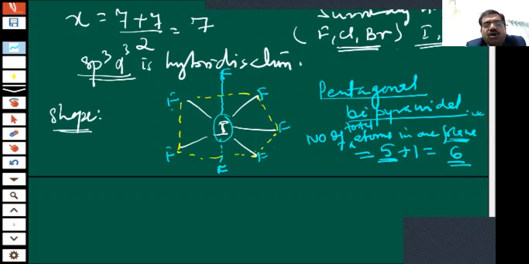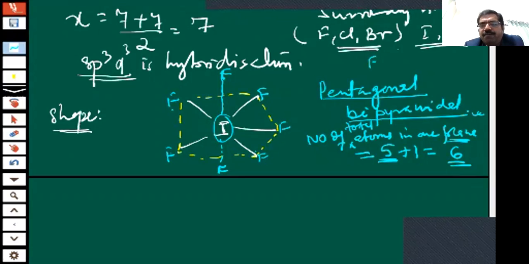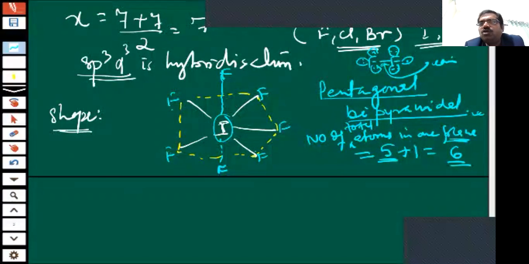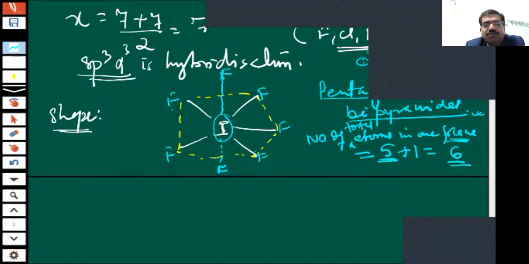Remember in fluorine, the bond was short, but due to electronic repulsion the bond was broken easily. So repulsion also plays a very important role.